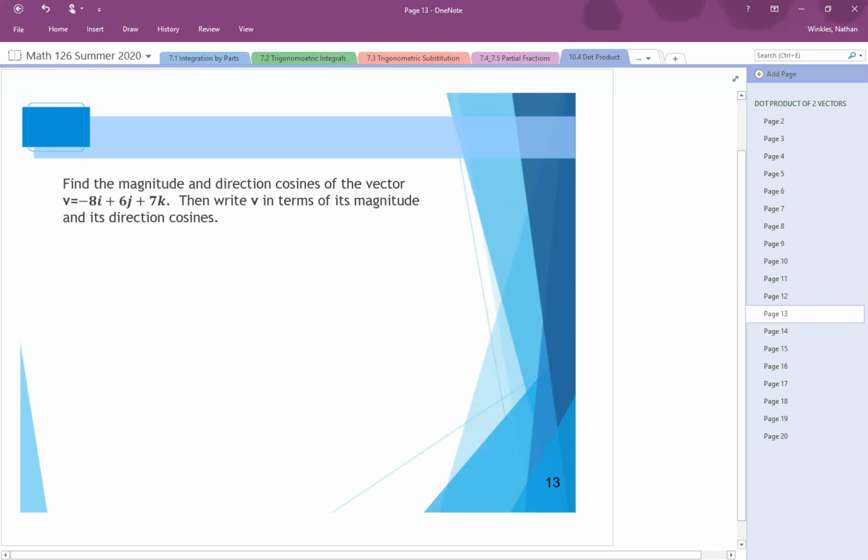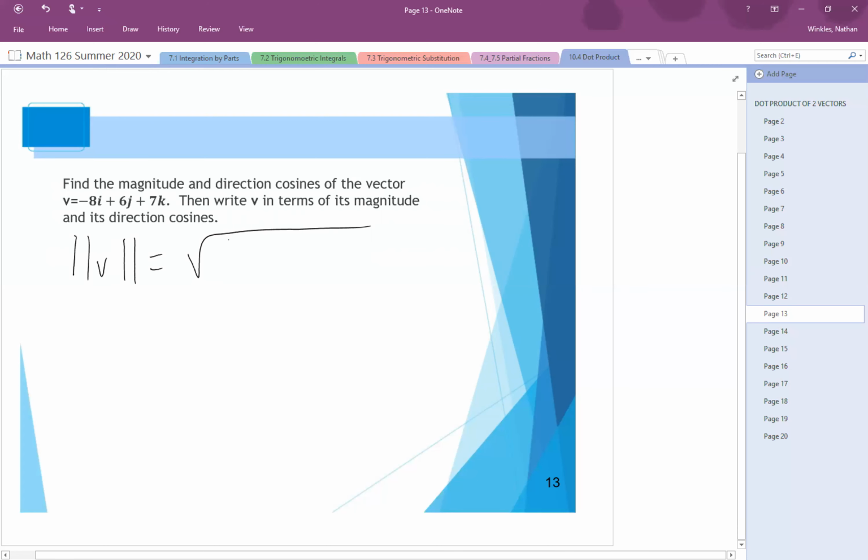So we're told to find the magnitude and direction cosines of the vector v equals negative 8i plus 6j plus 7k. Then we want to write v in terms of its magnitude and its direction cosines. The first thing we want to find is the magnitude of v.